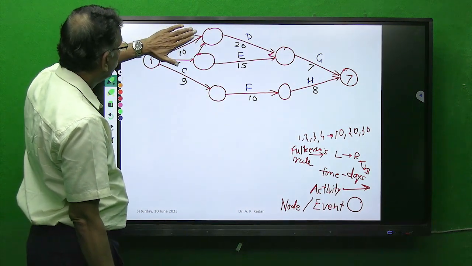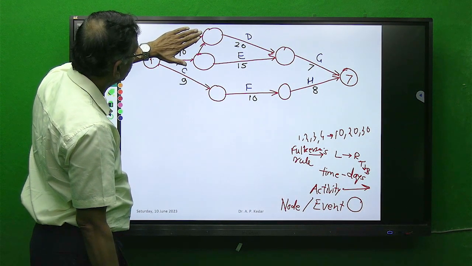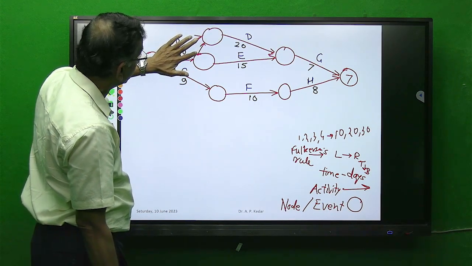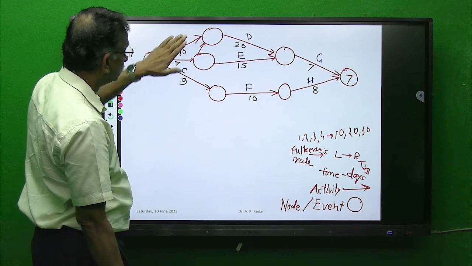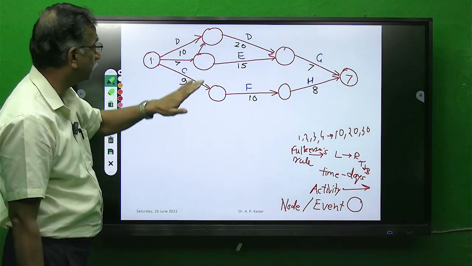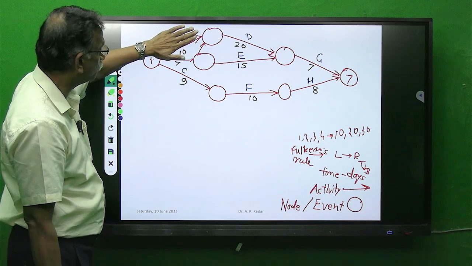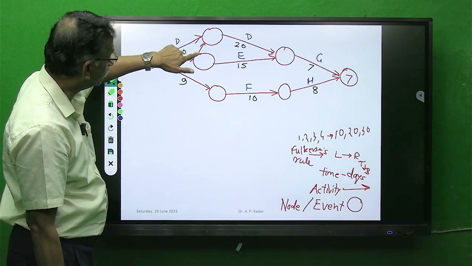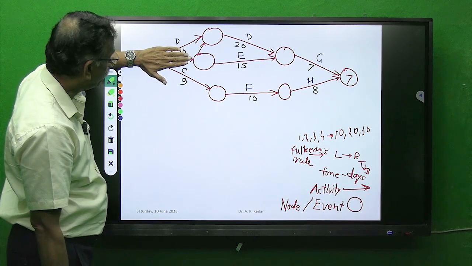If I omit this particular arrow, then this particular event is having this incoming arrow which I just added and an outgoing arrow. So students, remember, here I cannot number this event as 2 because this is having an incoming arrow.